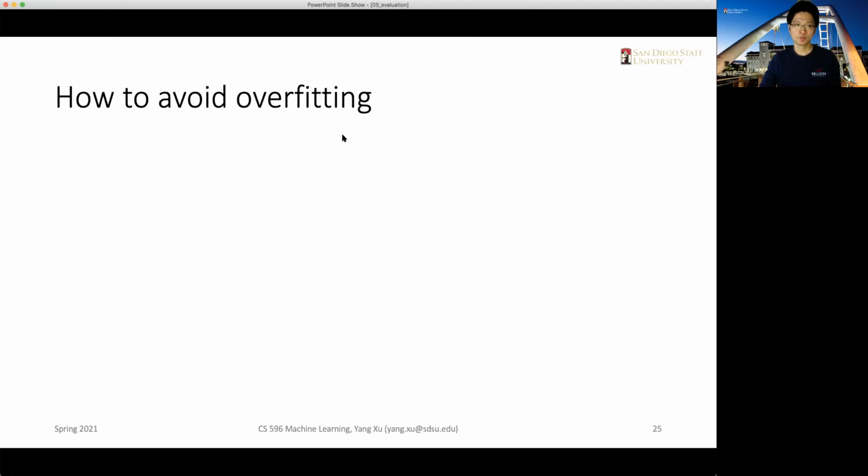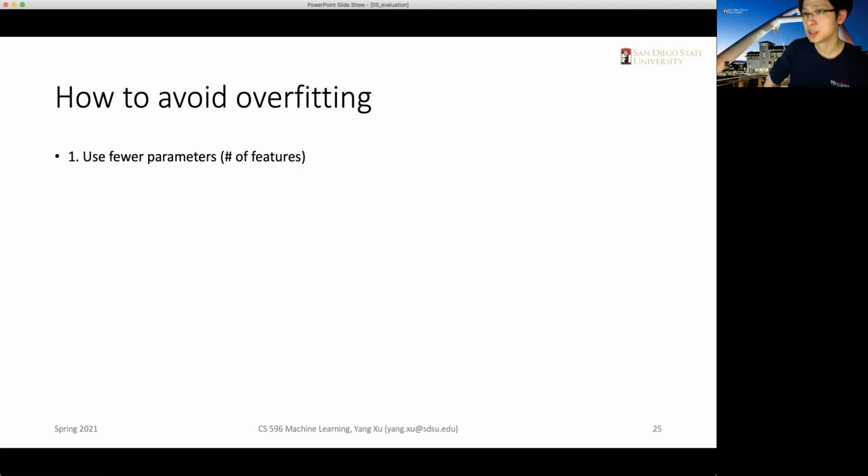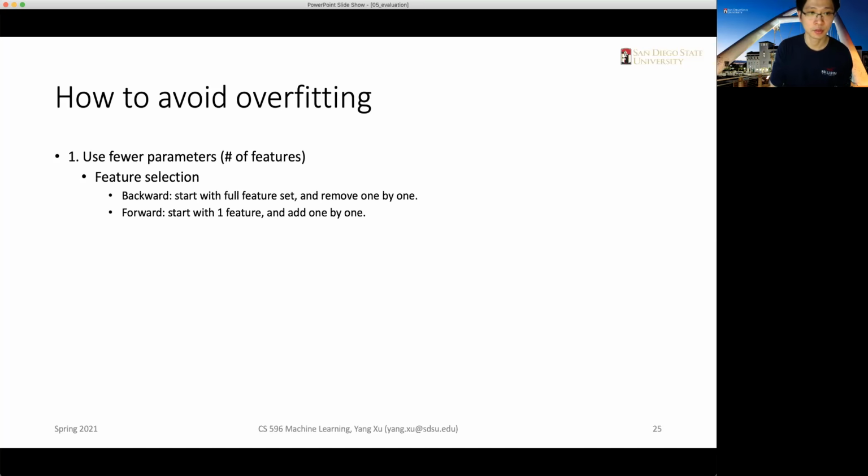So what we can do is use some technique in the training stage to avoid such an overfitting issue. Of course, by design we can use fewer parameters. That is to say, we use fewer features and we use simpler models. If our model is simple, then we can conduct a process called feature selection.